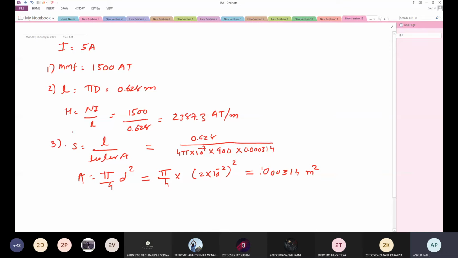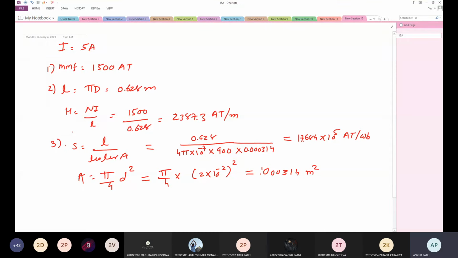So what are you getting? Suppose I am writing 17.684 into 10 raised to 5 ampere turn per Weber.